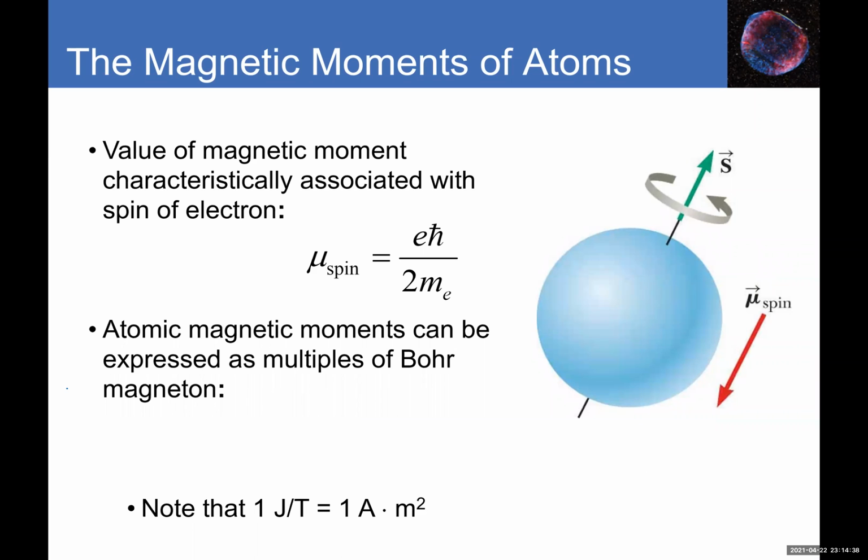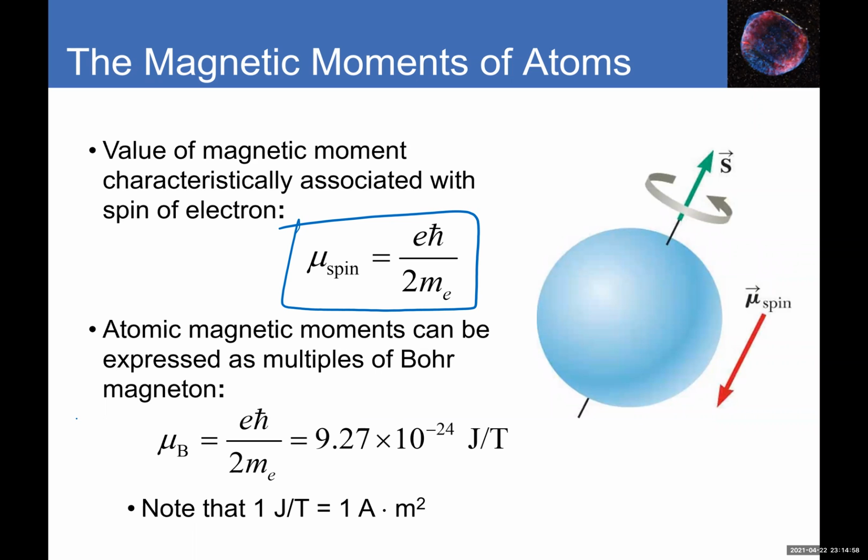The value of the magnetic moment for the spin is given as charge times h bar divided by 2 times the mass of the electron. The atomic magnetic moment can be expressed as multiples of the Bohr magneton, eh over 2 times the mass of the electron, which becomes 9.27 times 10 to the negative 24 joules per Tesla, which is equivalent to amps times meter squared.